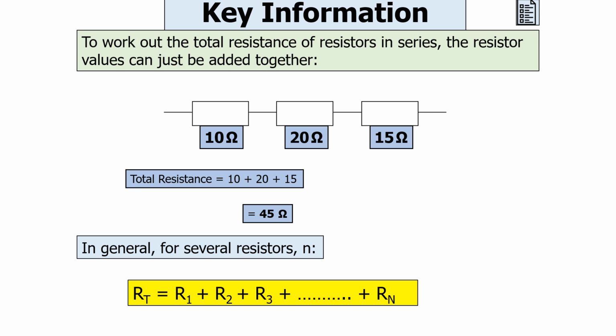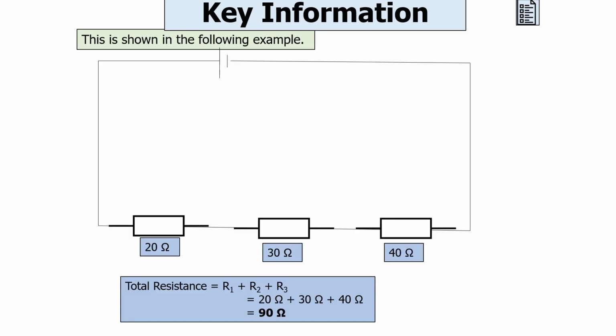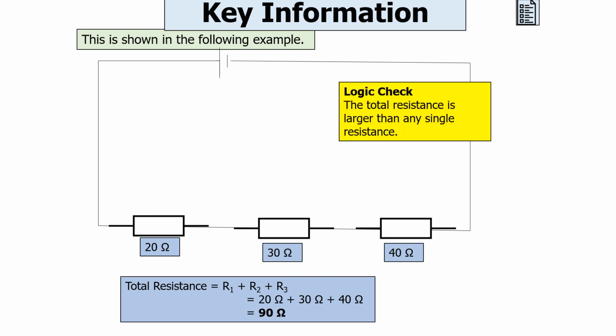Here's another example: three resistors in series, one of 20 ohms, one of 30 ohms and one of 40 ohms. We do 20 plus 30 plus 40 and we get 90 ohms. A good logic check is that for resistors in series, the total resistance you work out is larger than any single resistance.